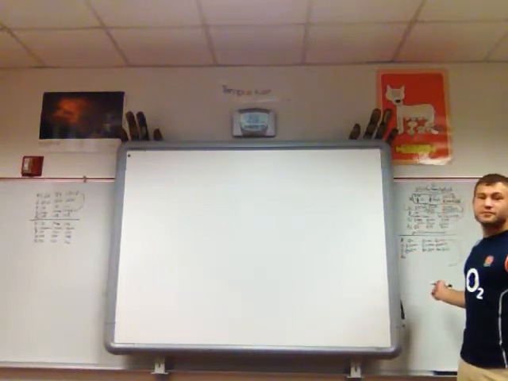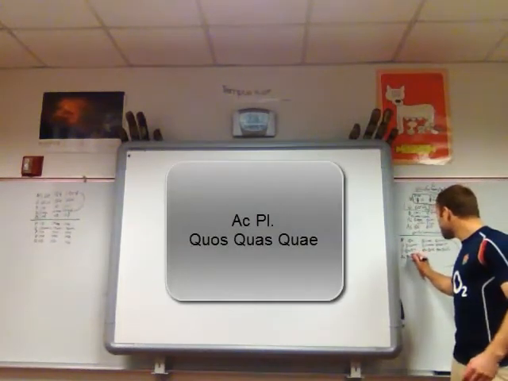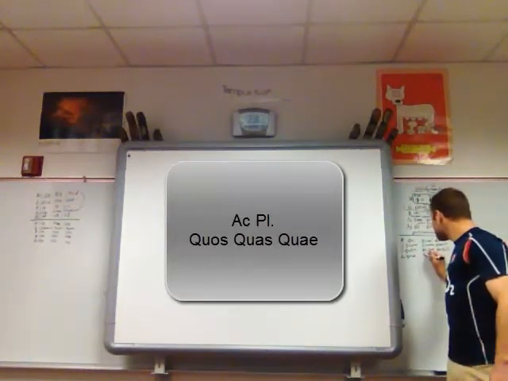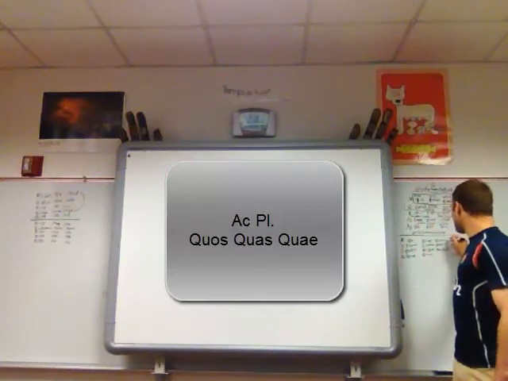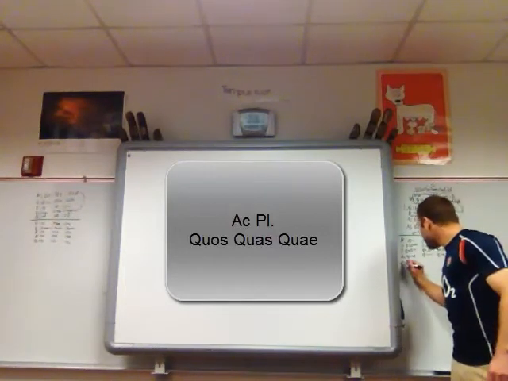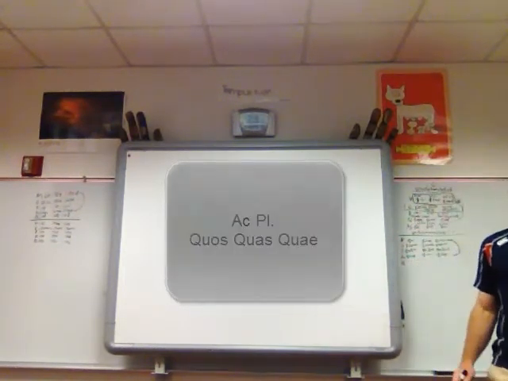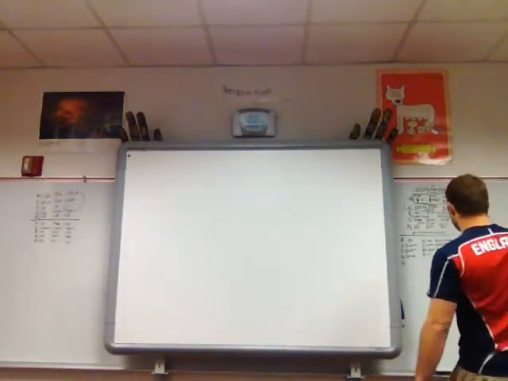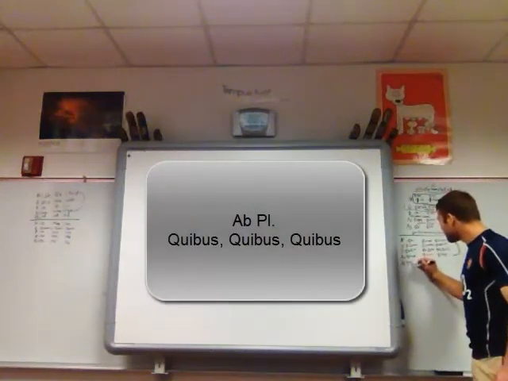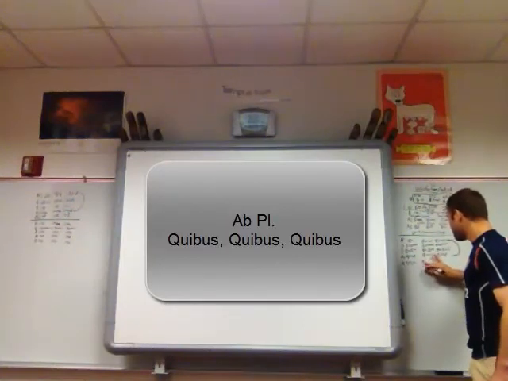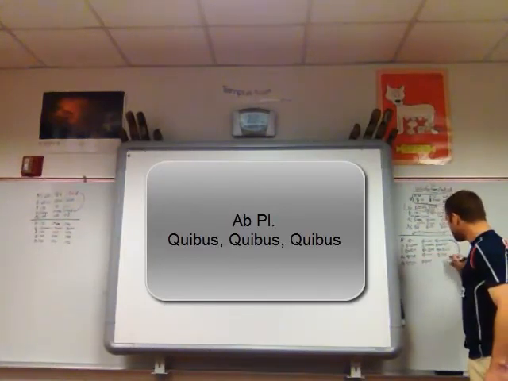Accusative plural is going to be regular, quos, quas, and we follow the rules, so quae. And ablative plural follows that other rule we love, where our dative and ablative plural are always the same. It's going to go quibus, quibus, quibus.